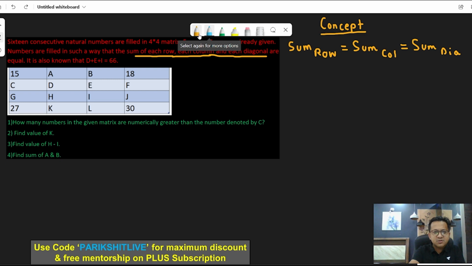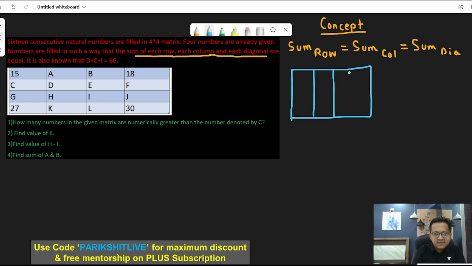Let's first draw a 4 into 4 matrix, and let's say you need to fill up consecutive numbers. Let's start writing it: 1, 2, 3, 4, 5, 6, 7, 8, 9, 10, 11, 12, 13, 14, 15, 16.